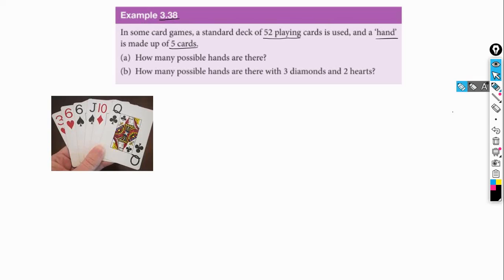So since we have 52 different cards and we have to pick 5, it will be 52 in combination with 5. This is going to give us 2,598,960 different combinations. For part B, it says how many possible hands are there with 3 diamonds and 2 hearts.